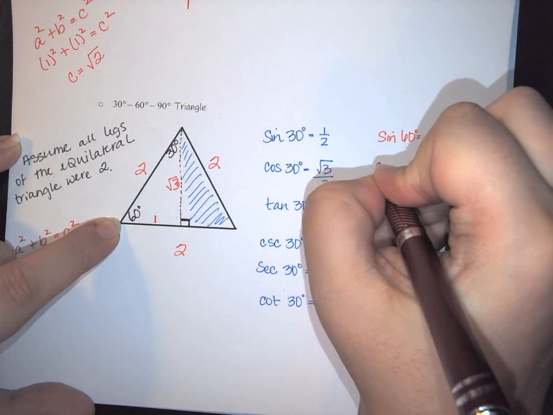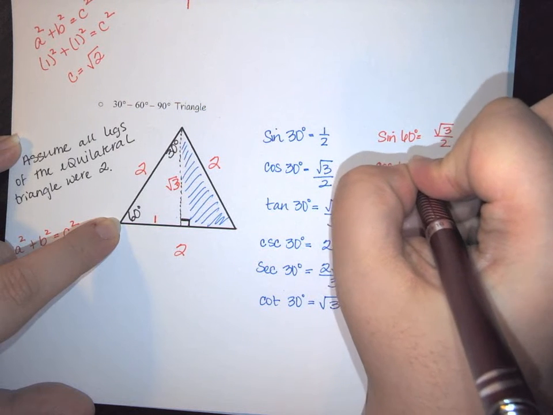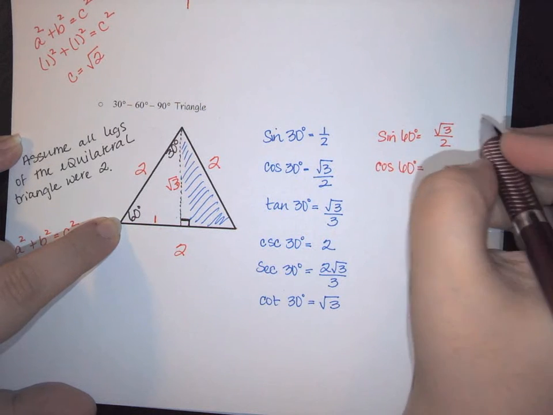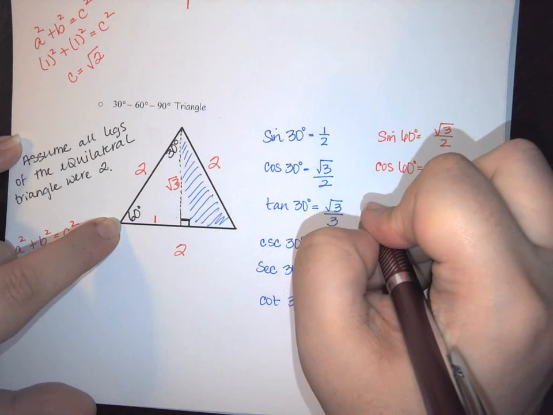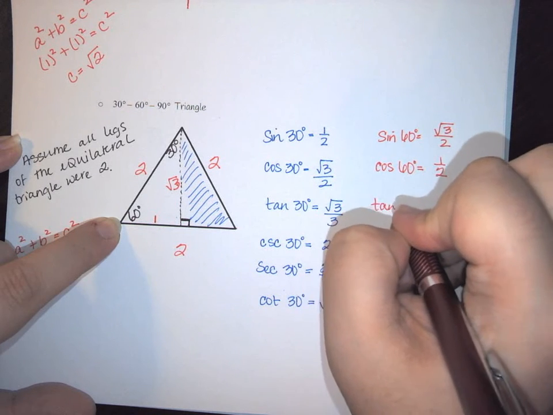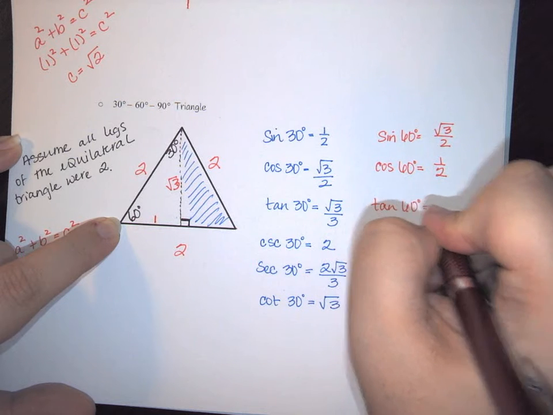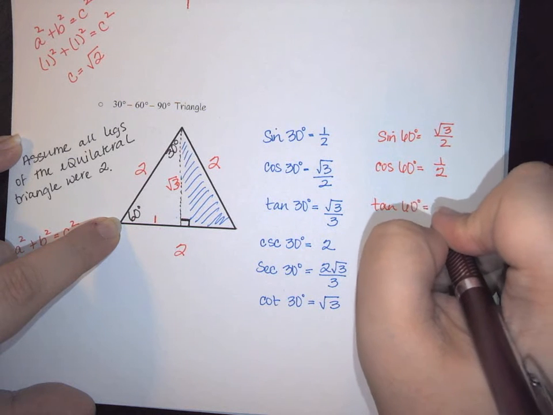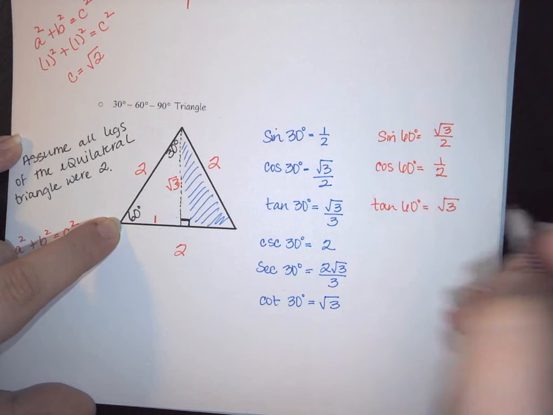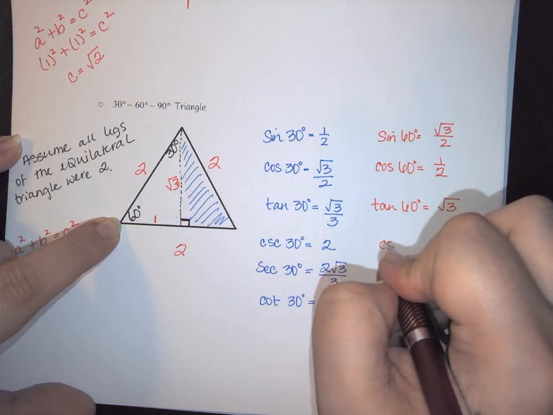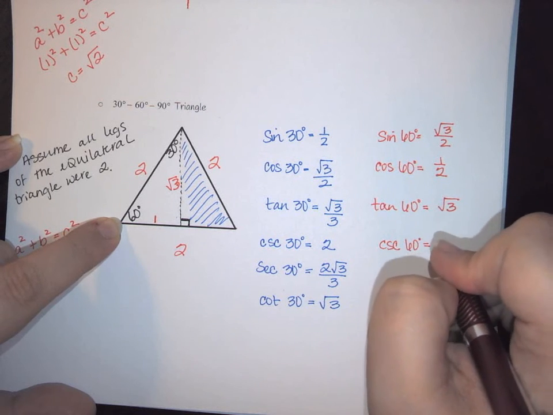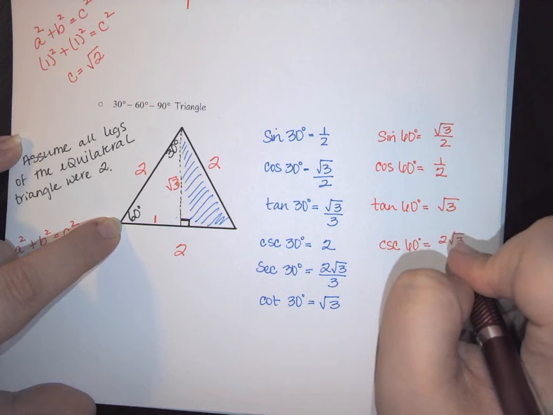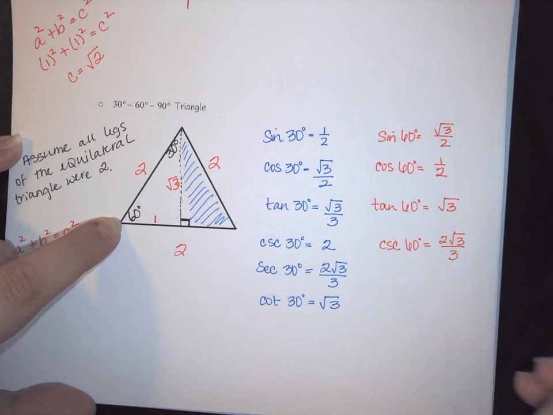Then I have the cosine of 60, and in this case, that's going to end up being 1/2. The tangent of 60 is going to be the square root of 3. The cosecant of 60 ends up being 2 square roots of 3 over 3.